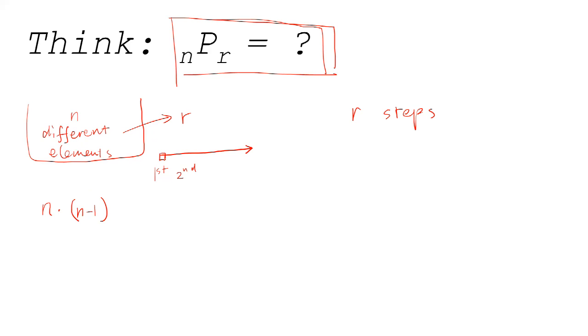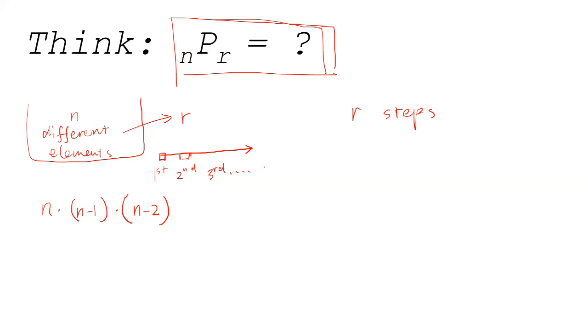Because once you have chosen one element out of the container, there are n minus 1 elements left. So in the second step, you only have n minus 1 different choices. How about the third step? The third step is to choose one out of the n minus 2 different elements, right?